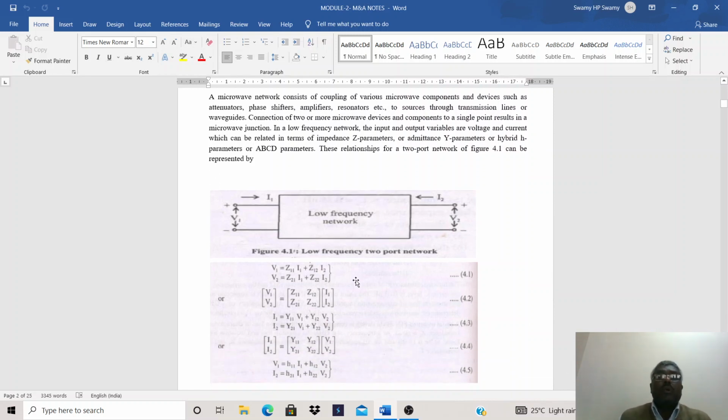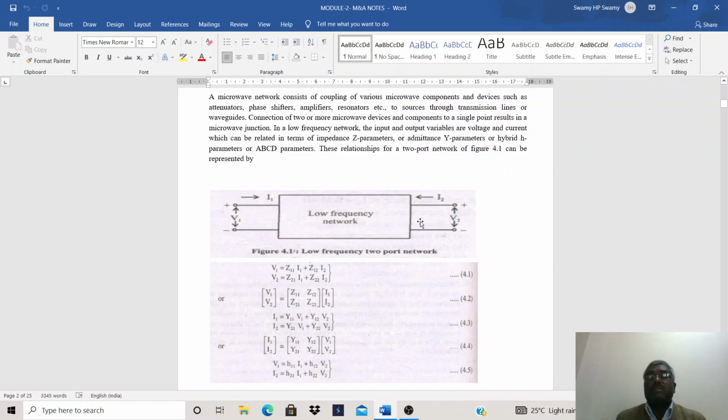If you want to write an equation for this input voltage, V1 is equal to Z11 I1 plus Z12 I2. Z11 is the input impedance across the input port, where your input current I1 is flowing.